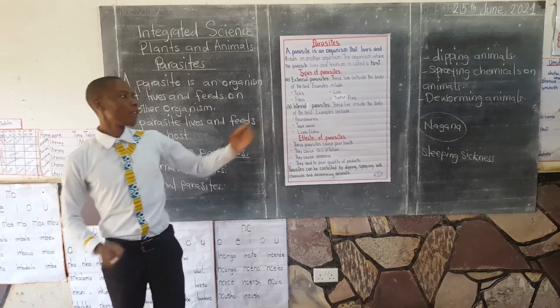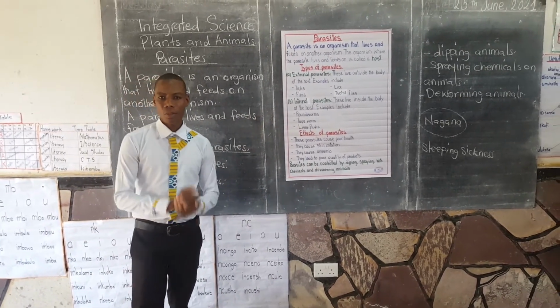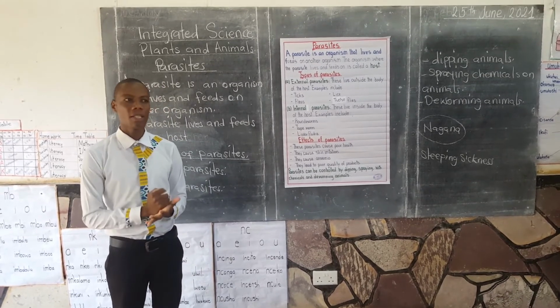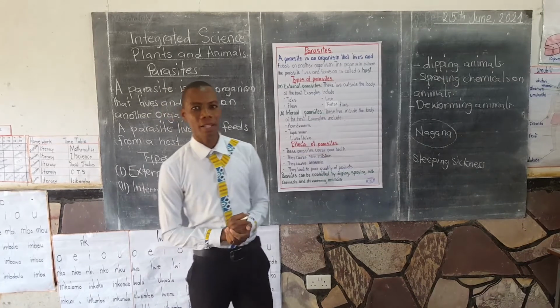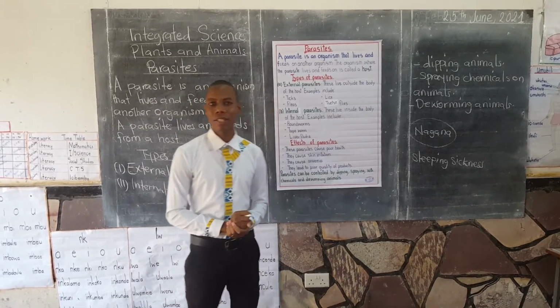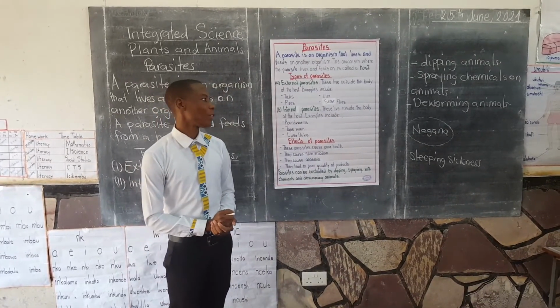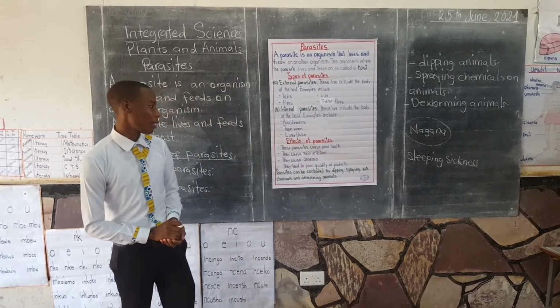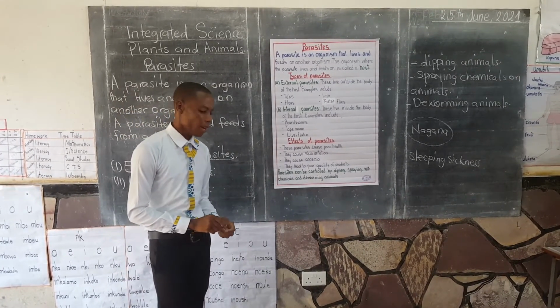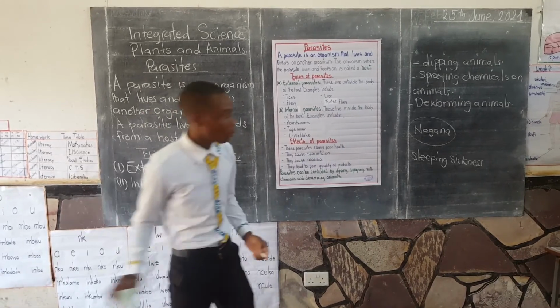So this involves giving medicine to what? To animals. You give different medicines to animals, including the dogs that we keep at our different homes. We are supposed to ensure that these animals are properly dewormed.